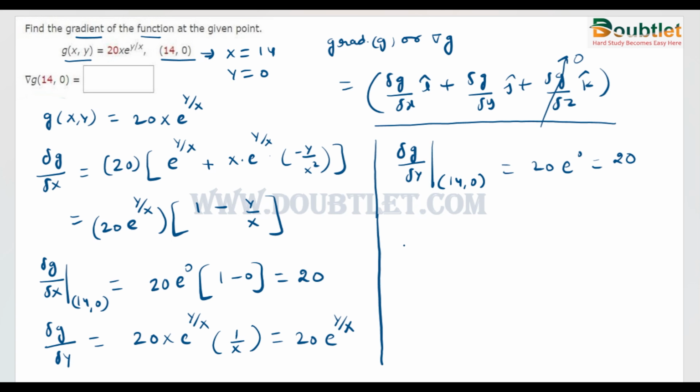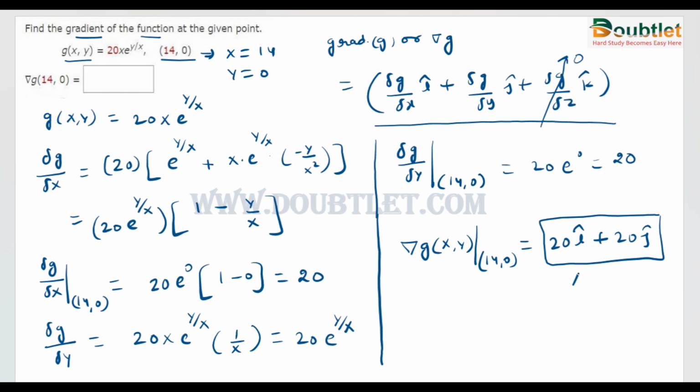So from the formula, the gradient of g(x, y) at this point 14, 0 is equal to 20i plus 20j. So this is the gradient vector.